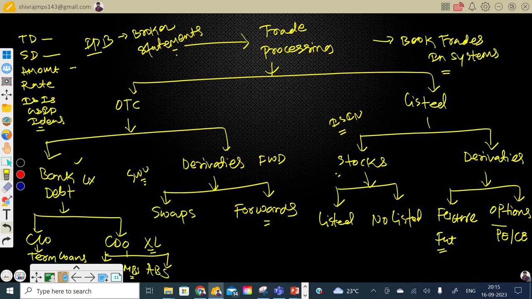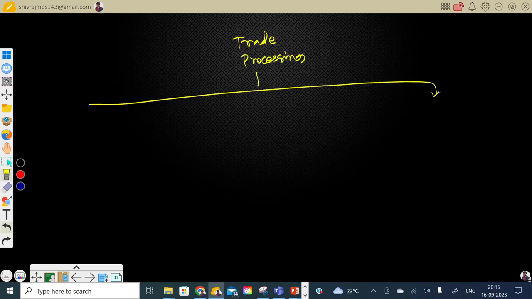So now your question would be, what about different teams then? Because I'm sure there would be different teams as well apart from this. Yes, there would be. After the trade processing team, other teams come into the picture. What would the others be?